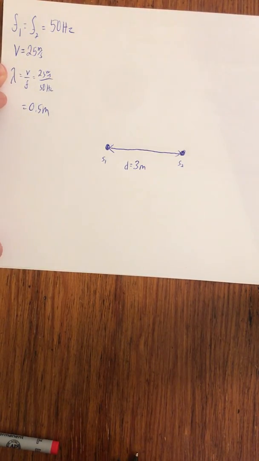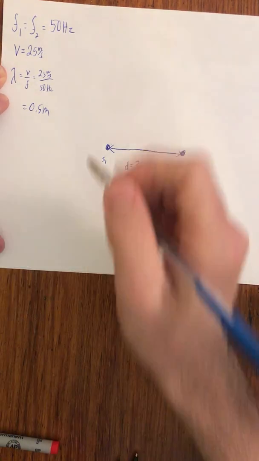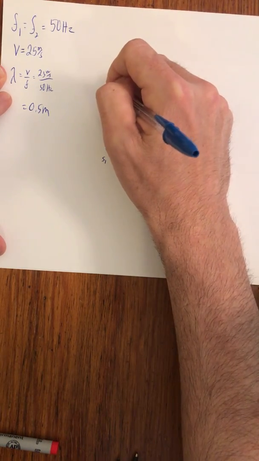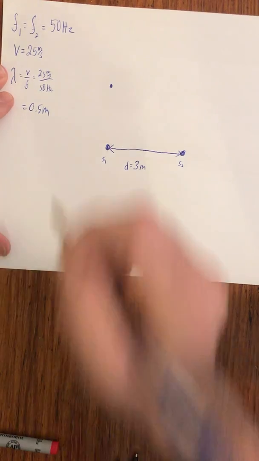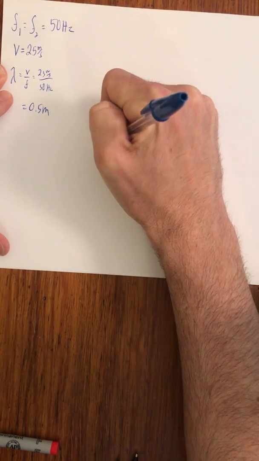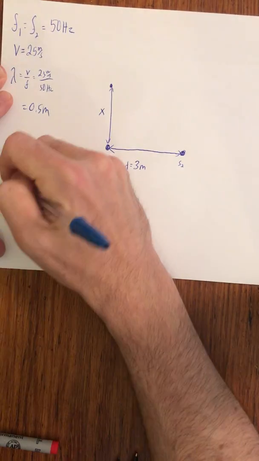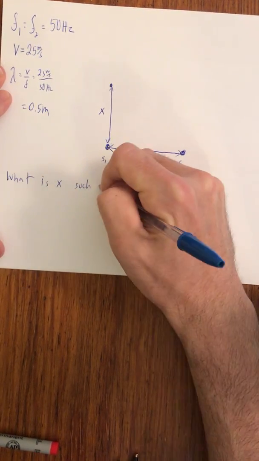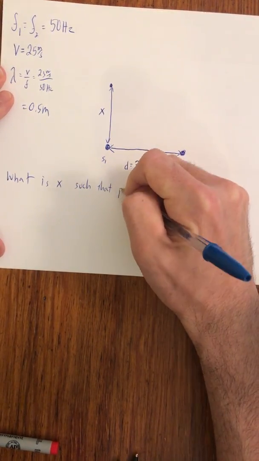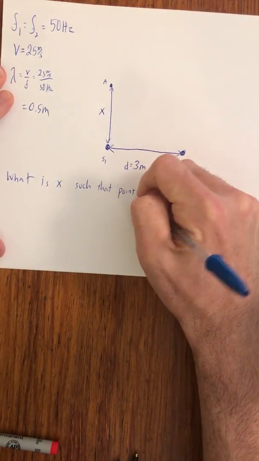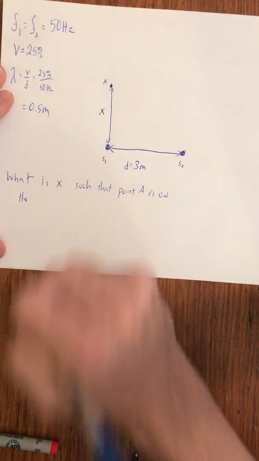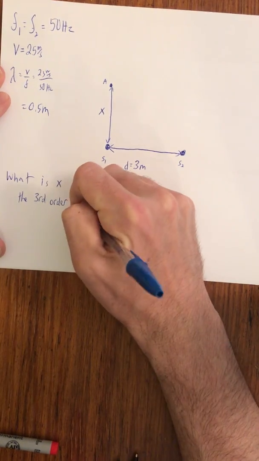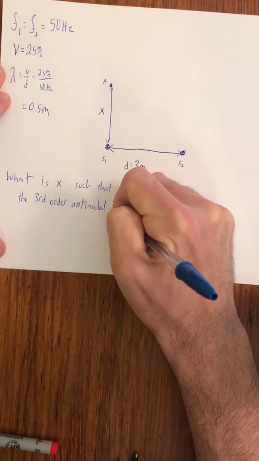So the question then becomes, if I pick a point somewhere here, and call this distance X, what is X such that point A, we'll call this point A, is on, let's pick something, maybe the third order antinodal line.